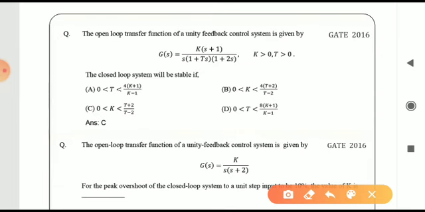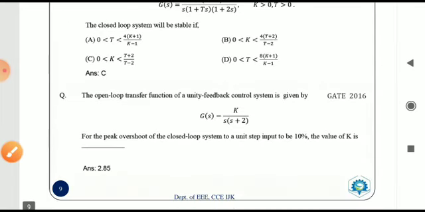First we need to form 1 + G(s)H(s) = 0. Then we will get a polynomial in terms of K and T. Then by using the Routh array concept, we can find the stability condition and you will get the condition as option C, that is 0 < K < (T + 2)/(T - 2).